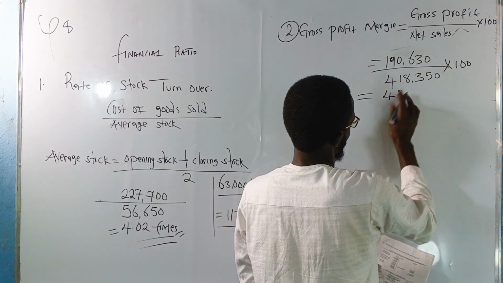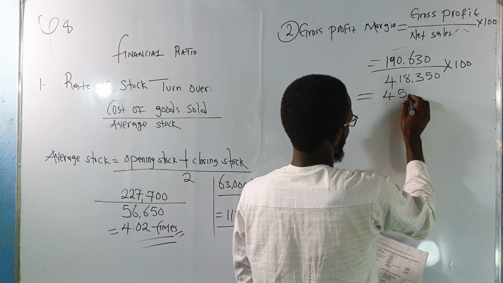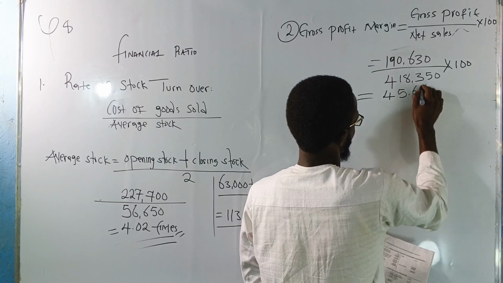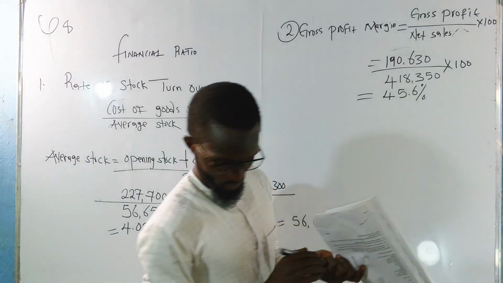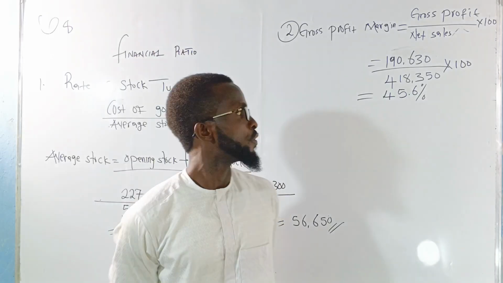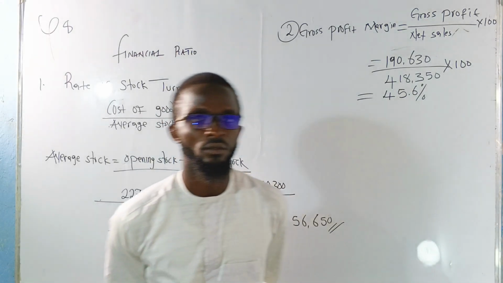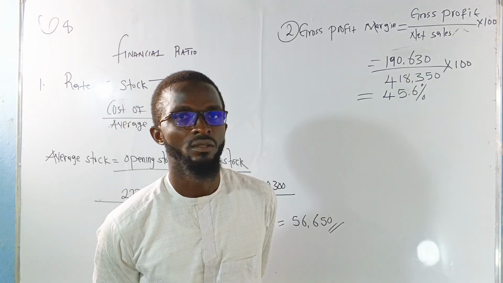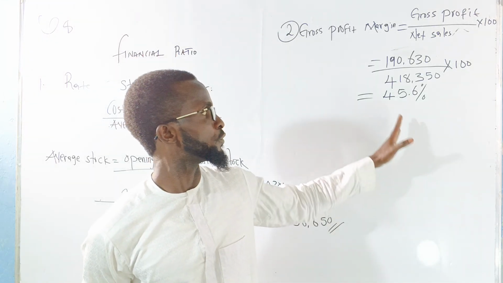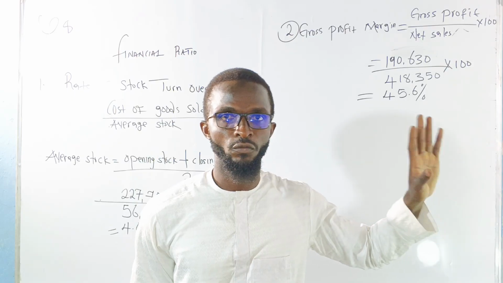This tells you that for every 100 in sales, the business keeps 45.6 of profit before paying for any expenses.